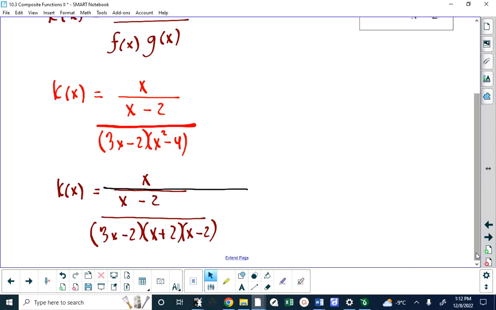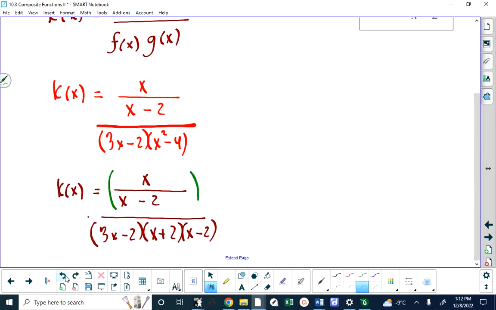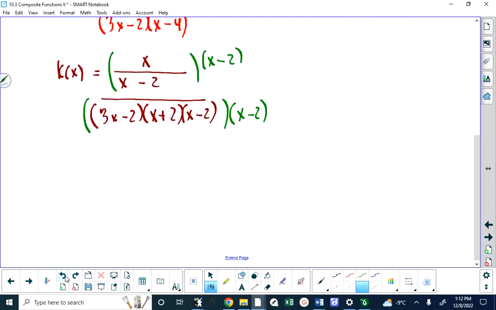This is a complex fraction. We are going to have to multiply the top of this fraction and the bottom of this fraction by any mini denominators. It's a complex fraction because of this x minus 2 as a denominator of the numerator. So we've got to multiply top and bottom by x minus 2. And what actually happens is the x minus 2's don't cancel, they build up on the bottom.